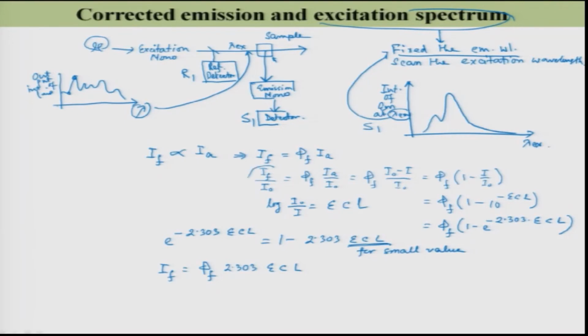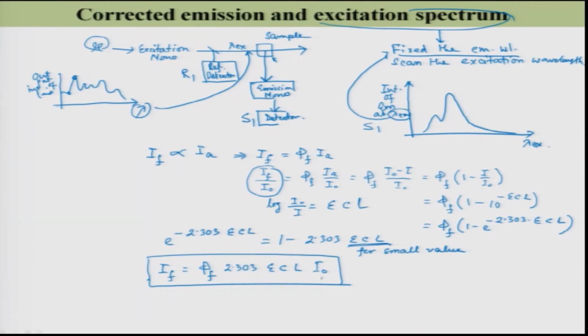Over here I have I f by I 0. So, once I write I f, then I must have this I 0 over here. So, I got this final equation. See here, I have formulated how the fluorescence intensity of your desired lambda emission depends on these different factors.